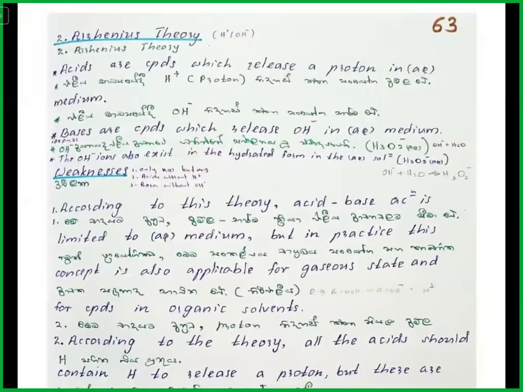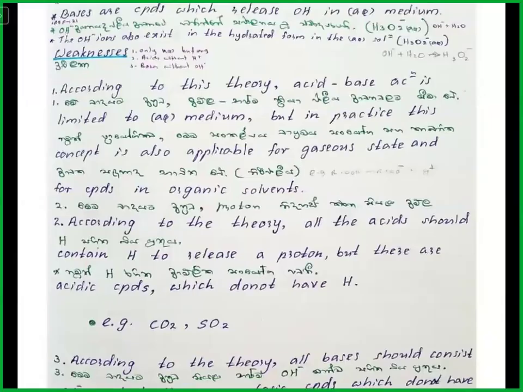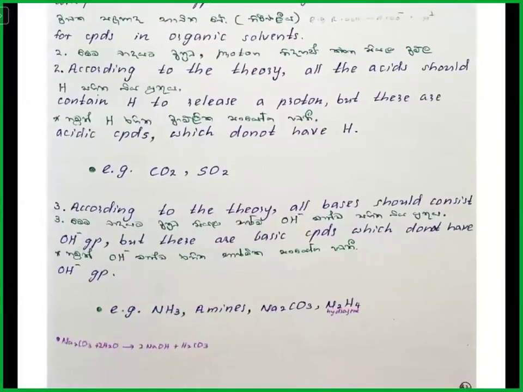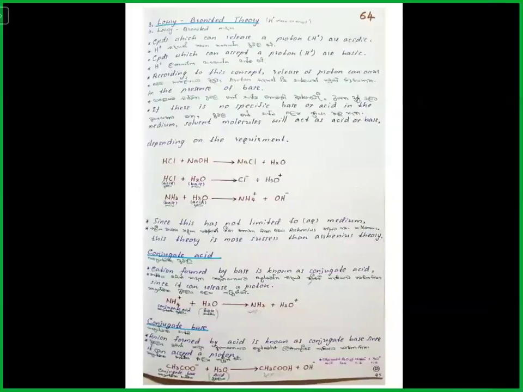Arrhenius talks about releasing of H plus and OH minus. That's again, he's talking about aqueous condition. That is one drawback. Then there are acids without H plus, bases without OH minus, so that it is failing.